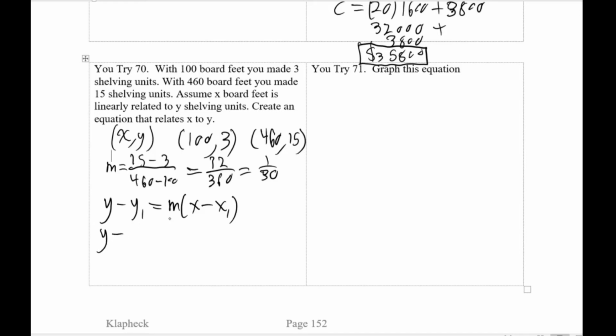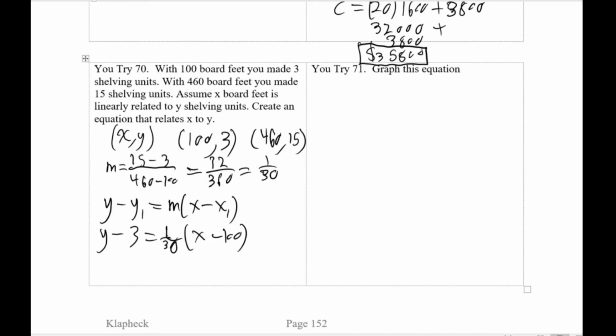Here my y1 is 3, m is 1/30, and x1 is 100. If we want to, we could solve this for y and put it in slope-intercept form, but we can just leave it like this. Let's graph this equation.